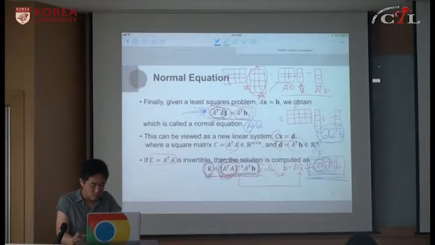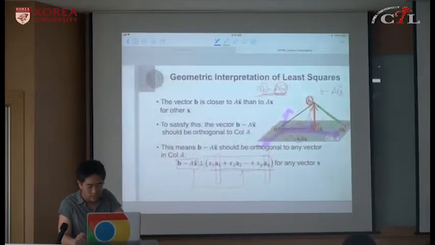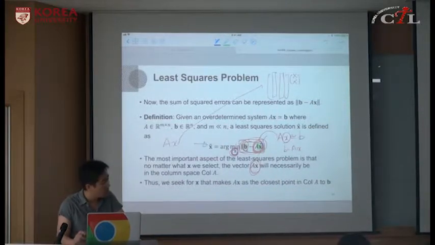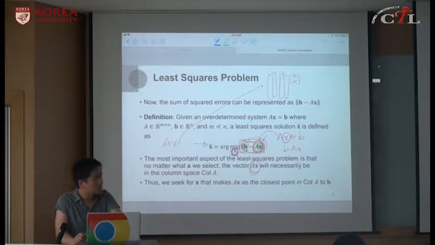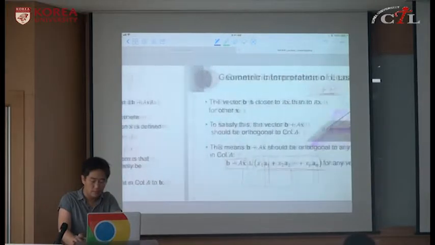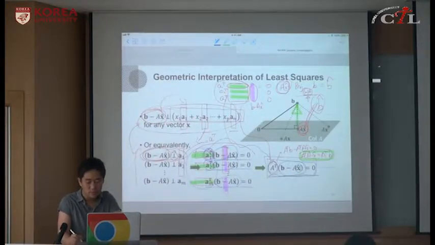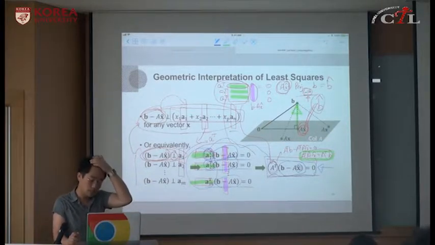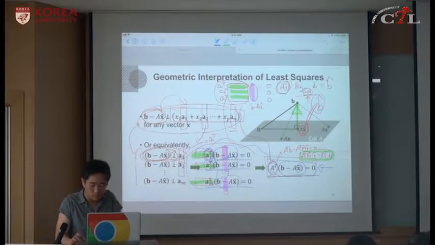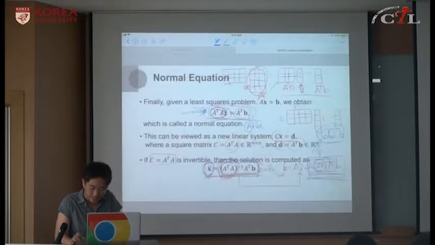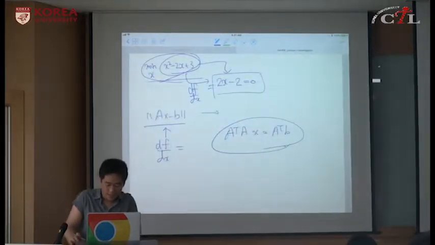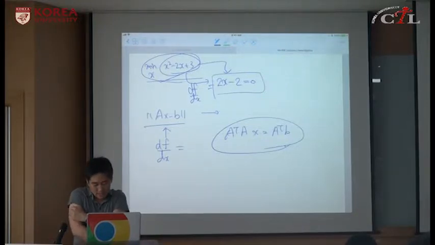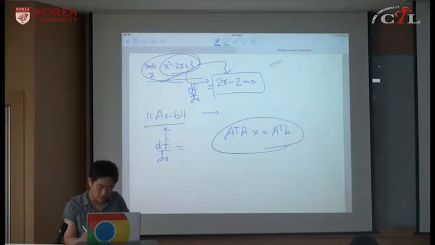But at a high level, I wanted to emphasize that even though we started with this minimization problem, the solution for that minimization problem is obtained as the solution of this equation. So we want to minimize something, and that solution is basically a solution of another equation. At the last part of last Tuesday's lecture, we discussed this briefly.